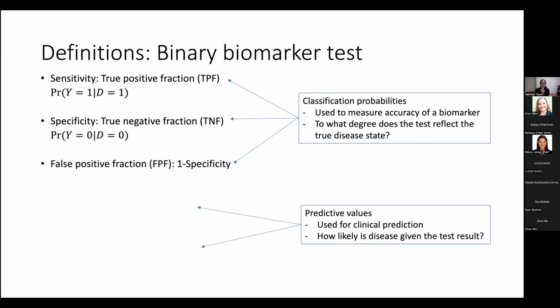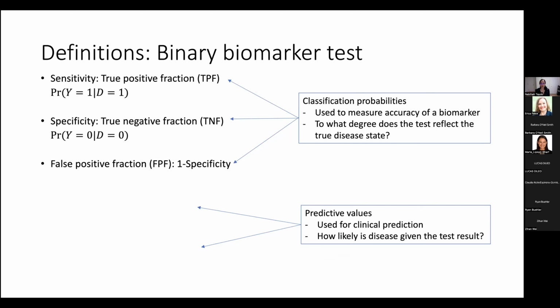On the other hand, we also have measures called predictive values. They are actually used for clinical prediction. I would think of classification probabilities as thinking about the biomarker in the context of, okay, I'm studying my biomarker, I want to know how accurate it is, I want to know how it's performing. Predictive values are more relevant from a clinical perspective.